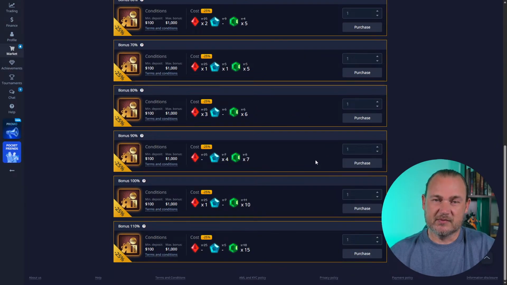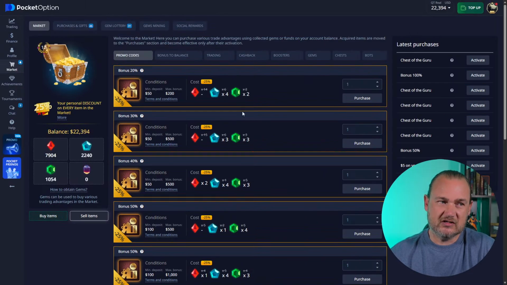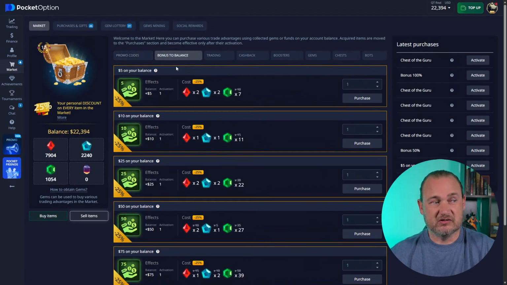When I purchase it, I will get a promo code, and then I can use that promo code for a 110% deposit bonus when I make a deposit. So that's from $100 to $1,000. Anything you deposit there, you get a bonus for. And as the bonuses become smaller, they become cheaper. You get a bonus to balance. You can actually purchase cash to your balance.